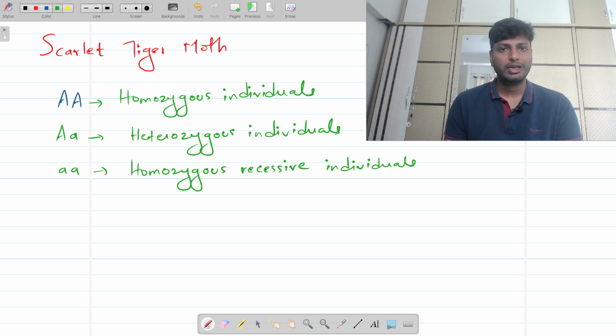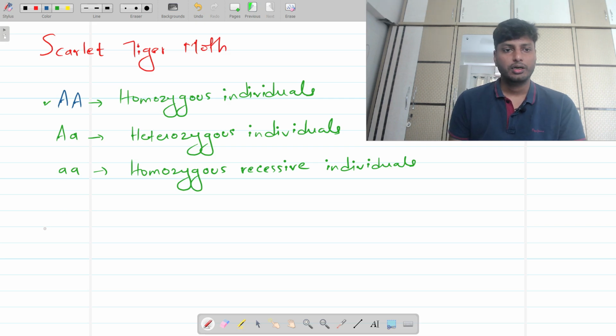Now, I'm not telling you the phenotypes. Let's just assume that capital A, capital A is majorly coding for a particular phenotype number 1. Capital A, small a is coding for another phenotype, and likewise small a, small a, the homozygous recessive individuals, are coding for a particular phenotype.